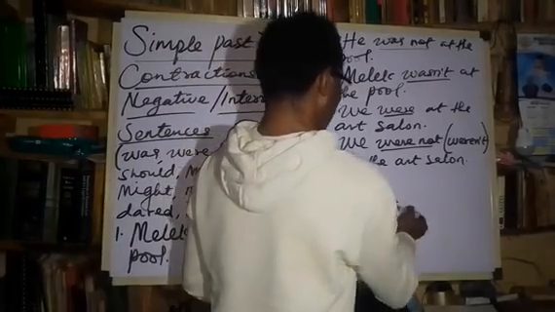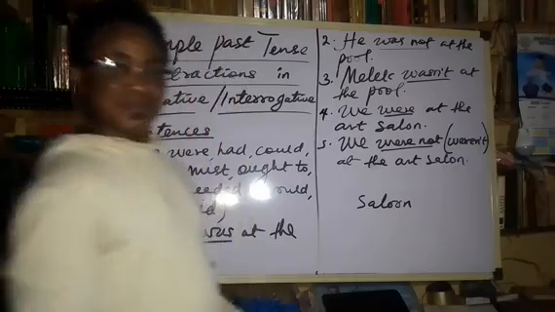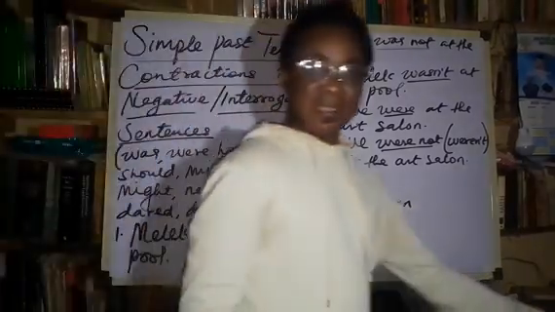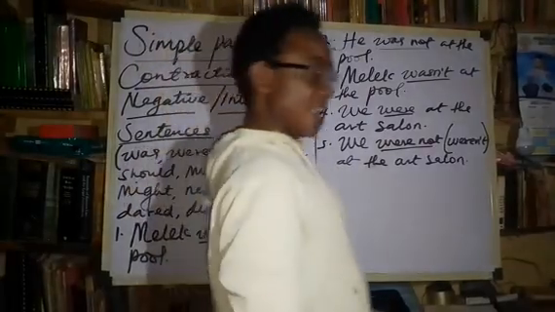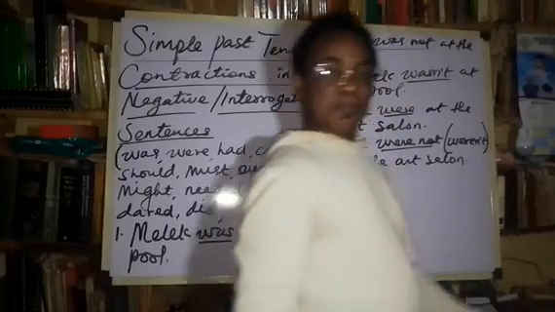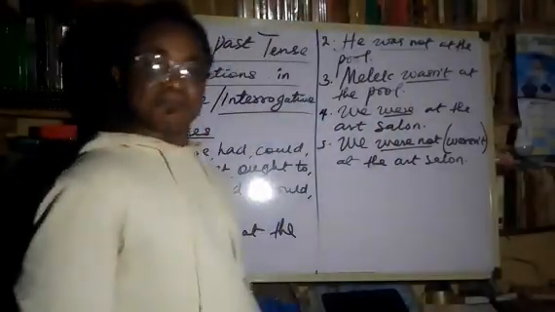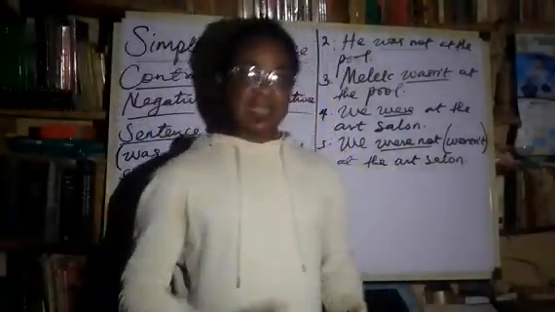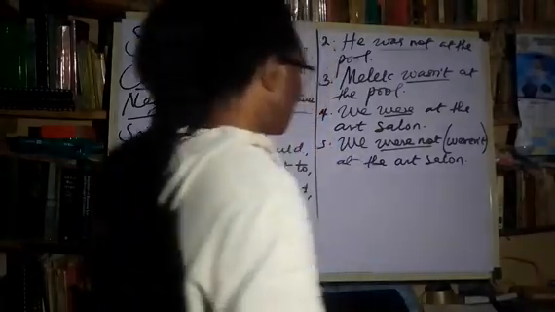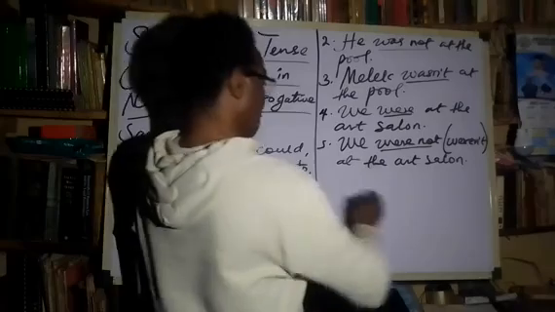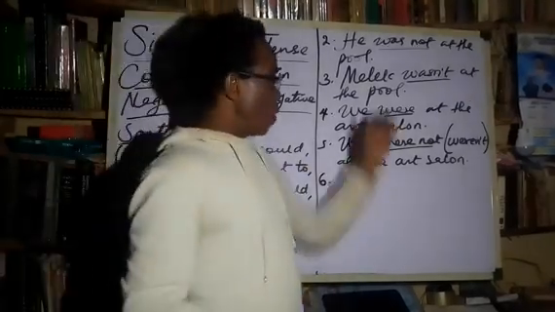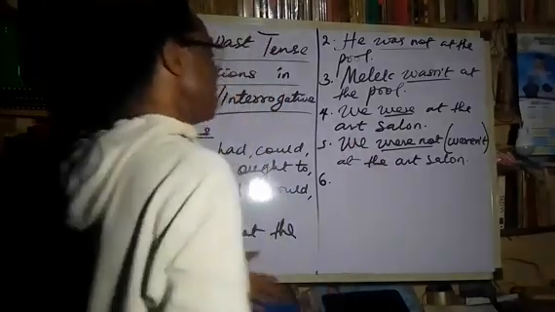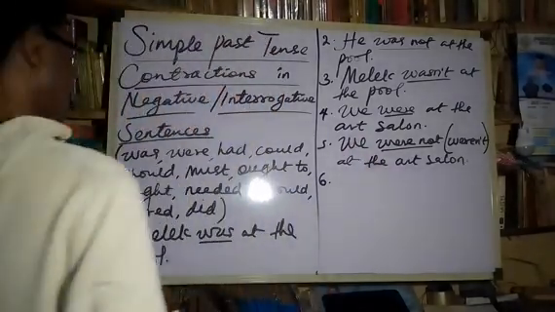Compare the word saloon. A saloon car, for instance, is an adjective used to say that the car is comfortable, a posh car. Hope you are making sense here. So now let us carry on. Let's take our sentence 6. We weren't or we were not at the art salon.